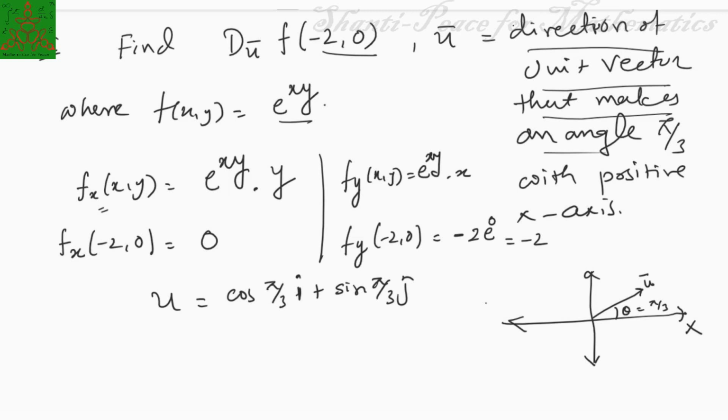If you convert this xy vector into polar coordinates, x is r cos theta and y is r sin theta, but r is 1 because it is a unit vector, so it is cos theta comma sin theta. This gives me 1 by 2 i plus root 3 by 2 j. That is the unit vector you have.